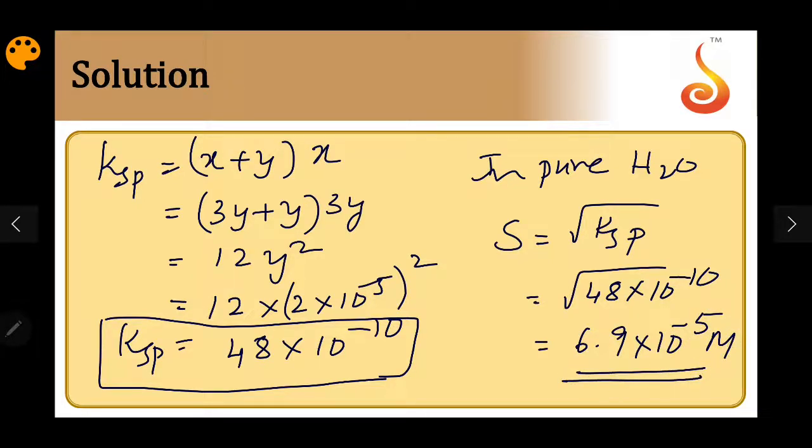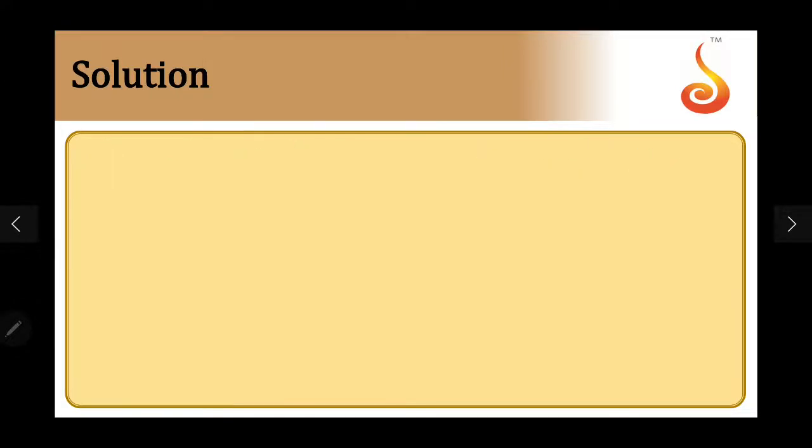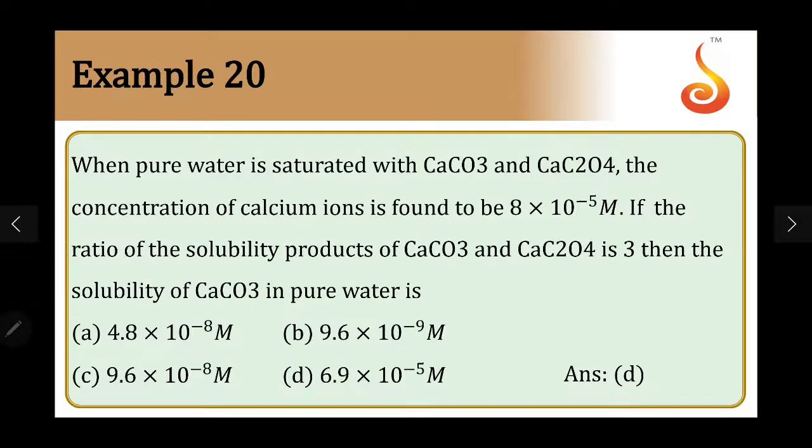This is the solubility of calcium carbonate in pure water. Okay, we'll go to the options. So 6.9 × 10^-5, option D is the answer.